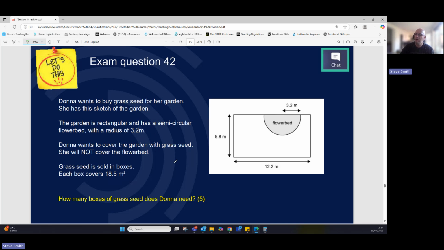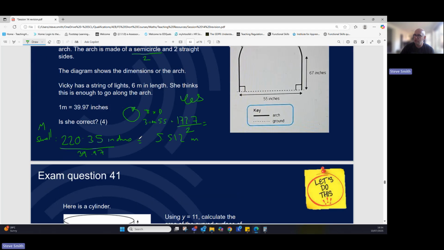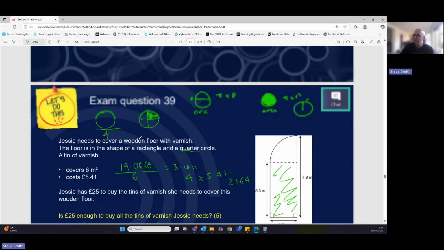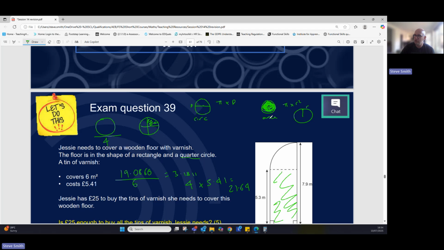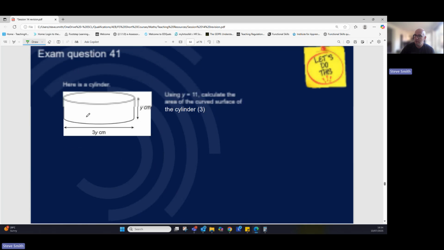It is worth remembering that if you can work with circles, you can work with cylinders exactly the same. No difference in the formulas you've used for a simple flat circle to looking at a cylinder.